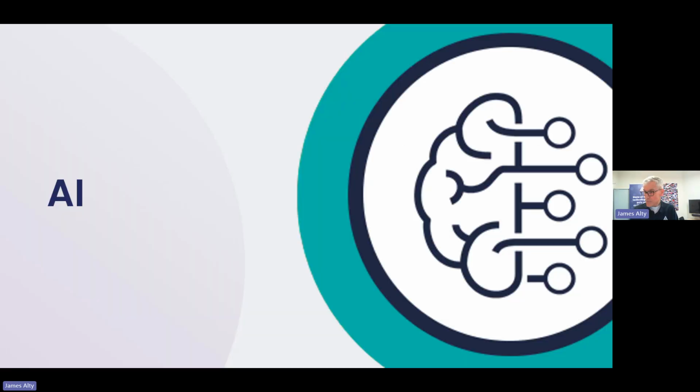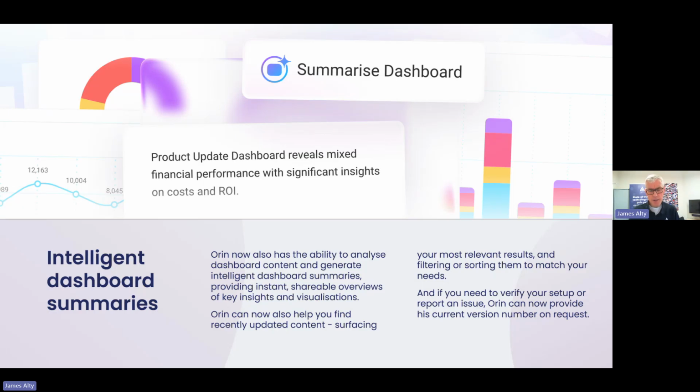Now, we're going to start with AI and just a little bit about what we've been doing with Orin. We've been learning to live with and care for Orin, our new generative AI assistant, and have been looking at the AI technology development, including changes in the model capabilities that we use.